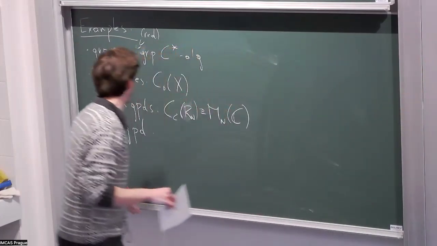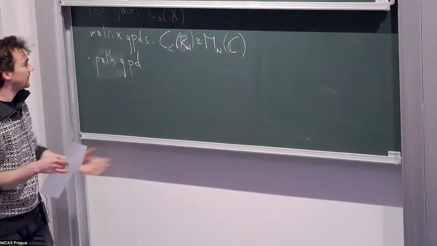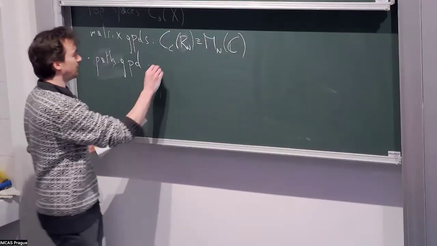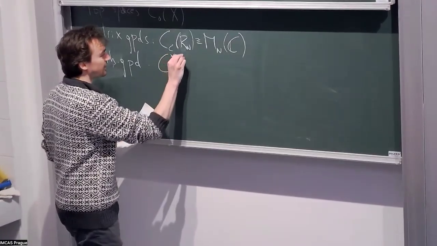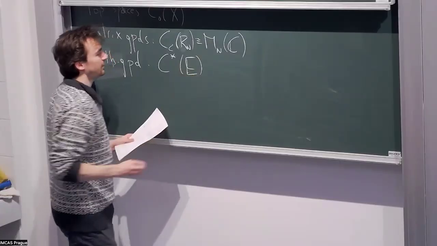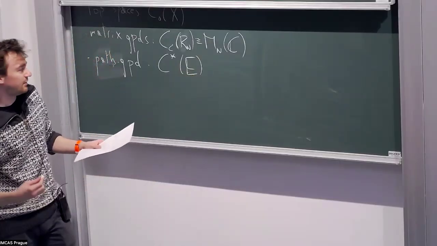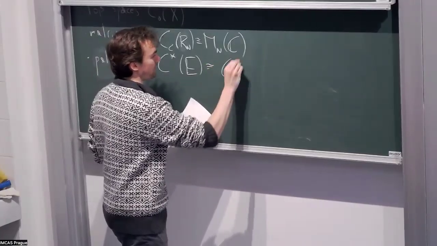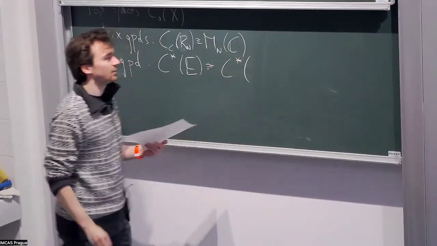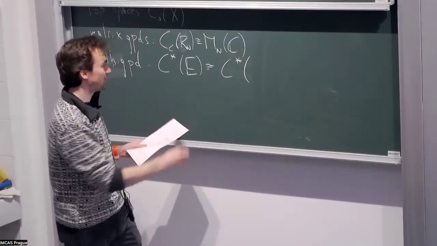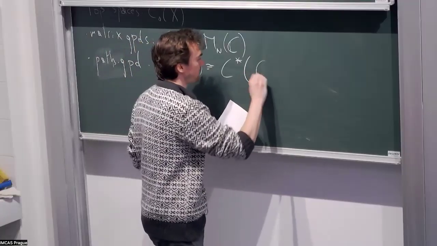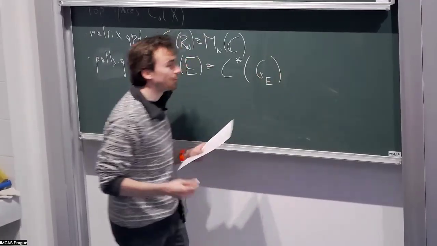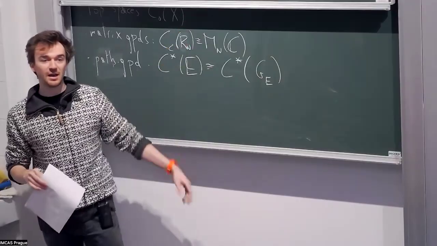I do not have time to go into the precise construction, but the point is it exists, and it is isomorphic to the full groupoid C-star algebra of this path groupoid.